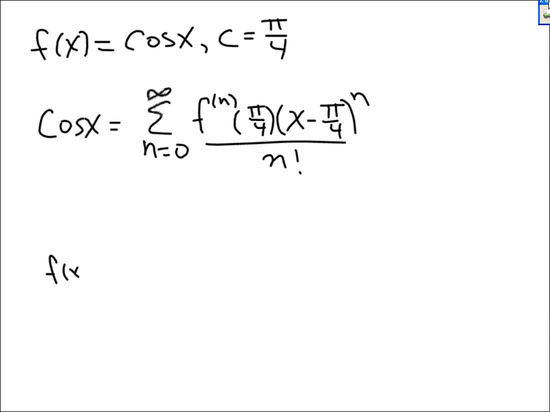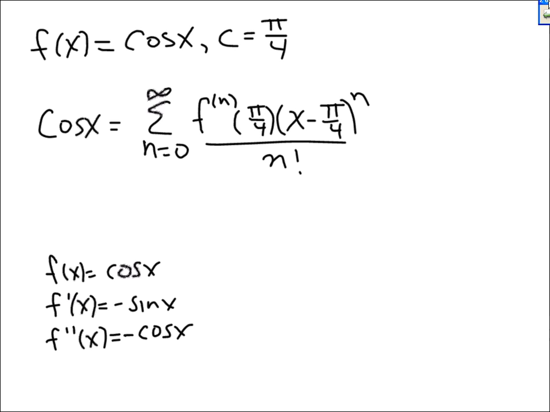Well, if f of x is equal to the cosine of x, then f prime of x is negative the sine of x, and the second derivative is negative cosine of x, and the third derivative is sine of x, and the fourth derivative will be cosine of x.